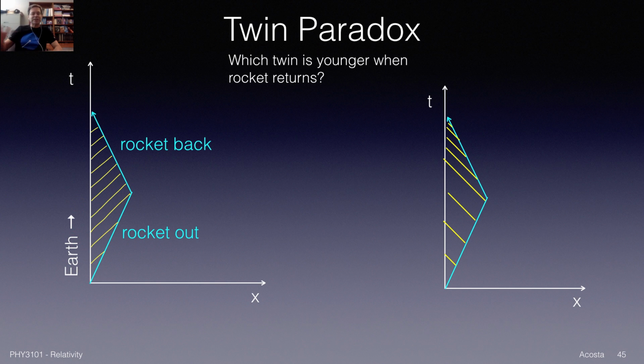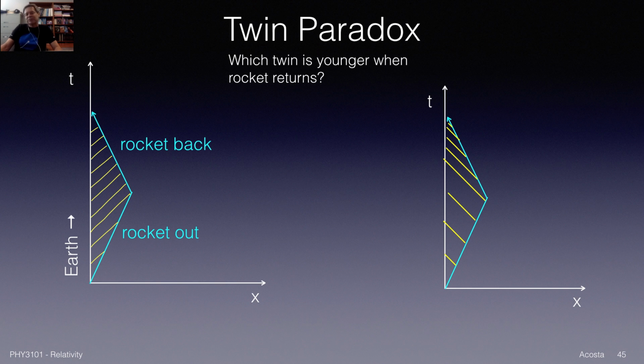So it looks like the twin on the rocket's aging less. But the twin on the rocket looks at the Earth receding in the other direction and says, wait a minute, that person on the Earth, my twin, is aging less than me because time has dilated on Earth. So which one is younger when the rocket comes back? Right? How do we get out of this paradox?